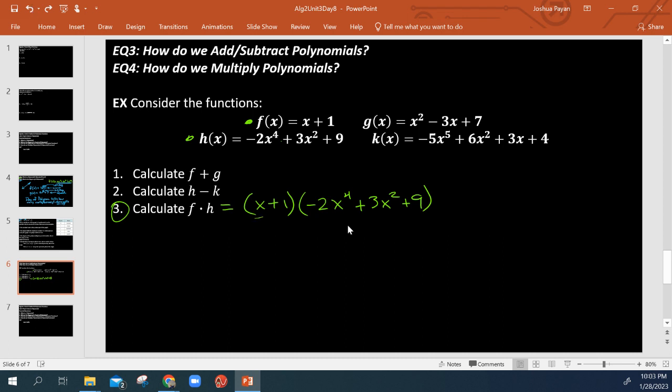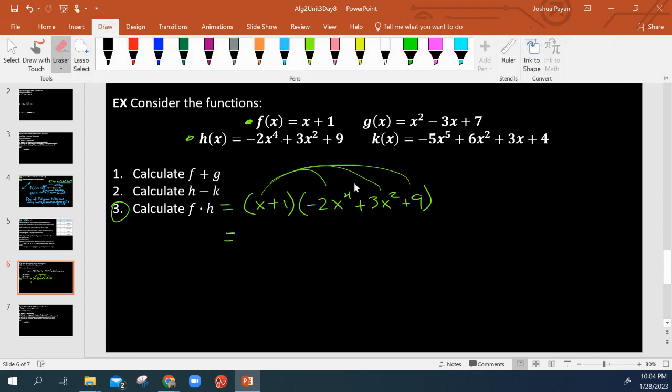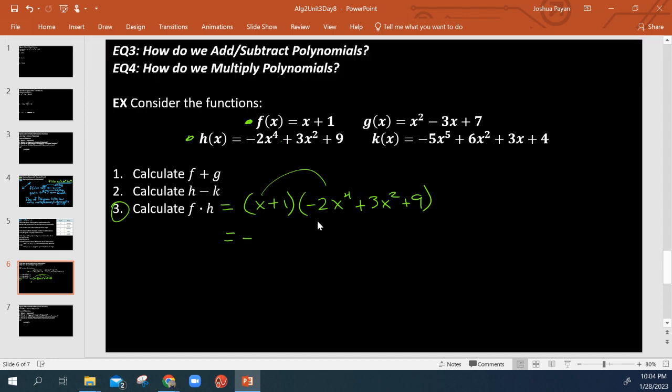I'm going to distribute this first term, this x here, into every one of these terms first, right? So that's going to give me, and actually I'm not going to have room right there. So let's start with the beginning term. I have too many lines drawn. So let's start here. So x times negative 2x to the fourth, well, that becomes negative 2x to the fifth. X times 3x squared, so that becomes positive 3x to the third, right?